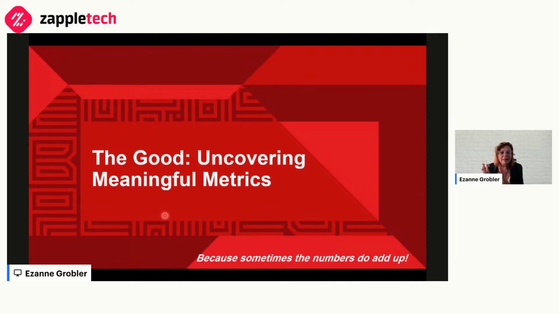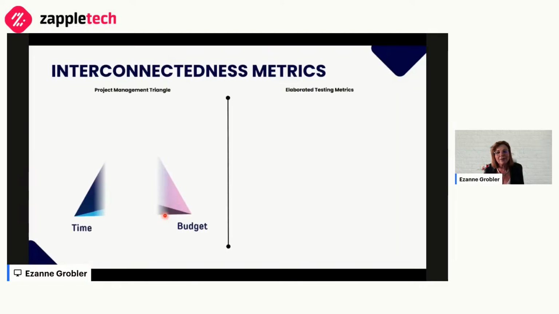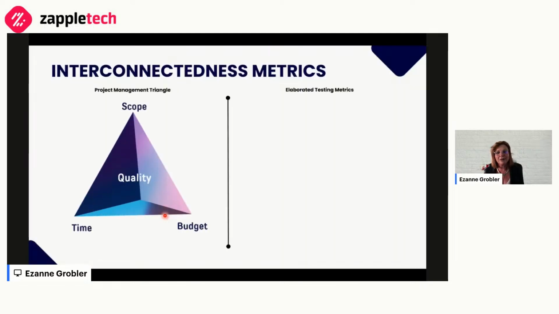Let's actually look at the good and uncovering meaningful metrics. First of all, I would like to bring your attention to something that is probably known to all of you that have been in IT for long enough, our good project management triangle, where you've got scope, budget, and time.